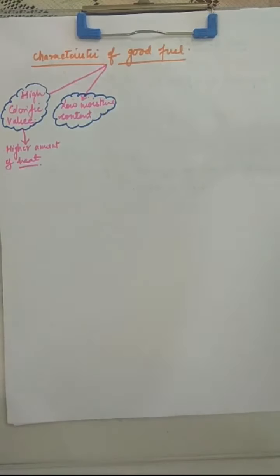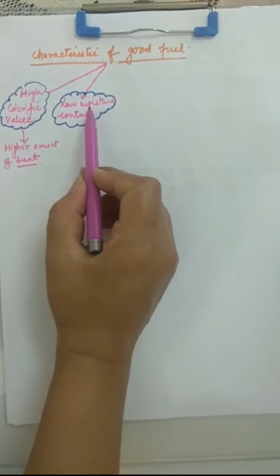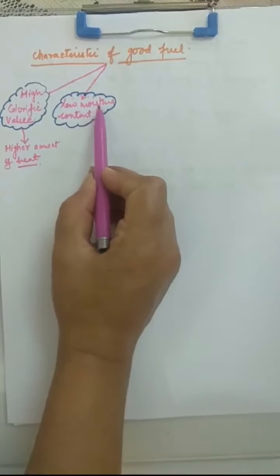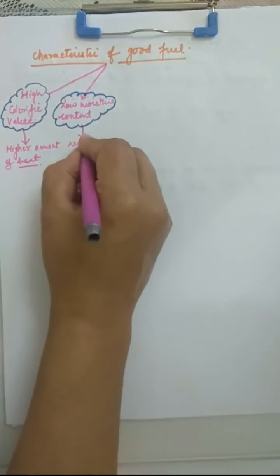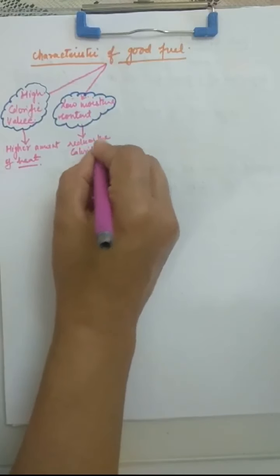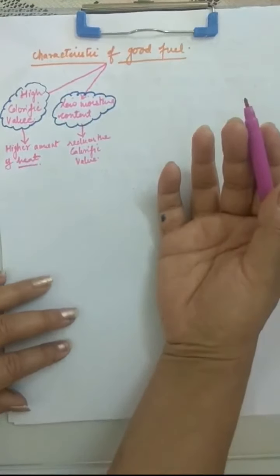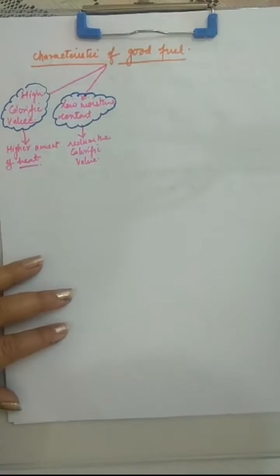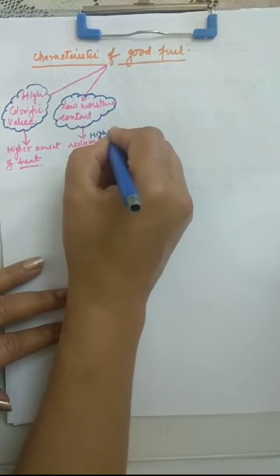So a good fuel should have low moisture content, because if a fuel has a high moisture content, then it reduces the calorific value. If calorific value is low, then obviously that is not a good fuel. Clear? I am writing it, high moisture content.